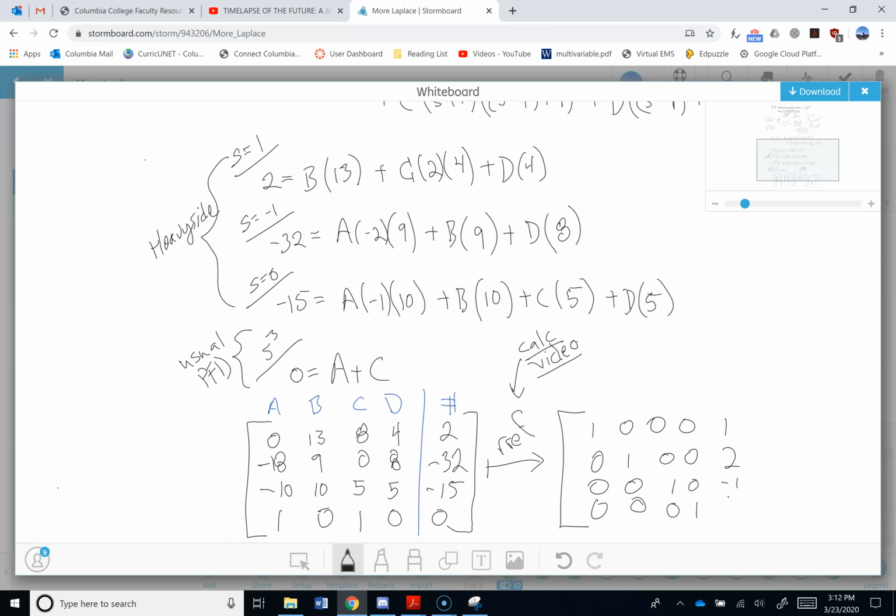Okay. Perfect. So for those of you who haven't had a ton of matrix work, it doesn't really matter what this means, except that these are in the A, B, C, D columns.